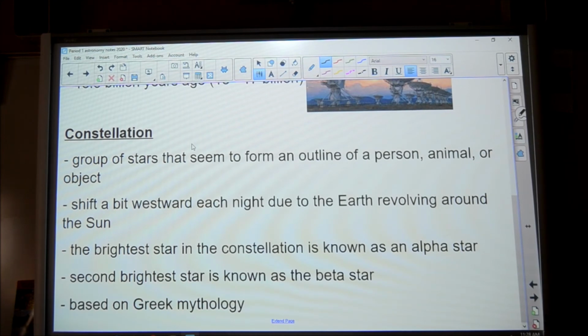The brightest star in the constellation is your Alpha. The second brightest star is your Beta star. I will put some videos or websites of constellations for you to look at later on. Personally, I don't see how they come up with some of these constellations because they don't take those images to me.